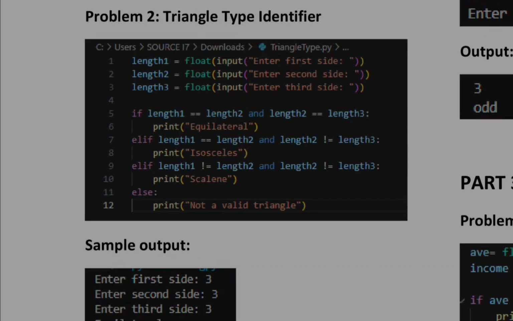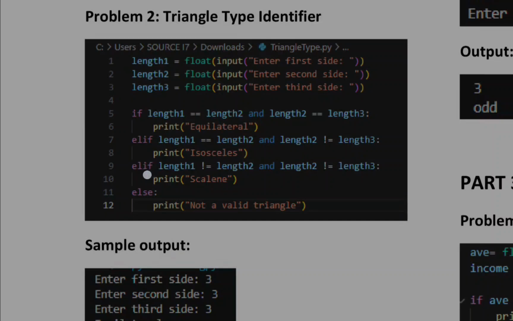So, this is our condition statement. If length 1 is equal to length 2, and length 2 is equal to length 3, the result is equilateral. If they are not all equal, if length 1 is equal to length 2, and length 2 is not equal to length 3, it will be an isosceles triangle.